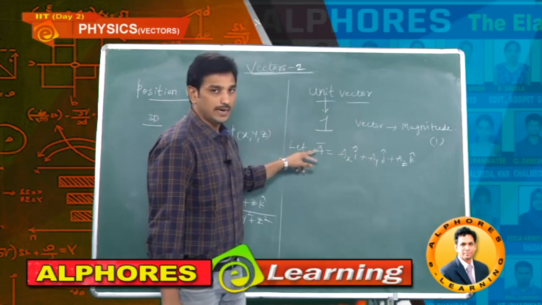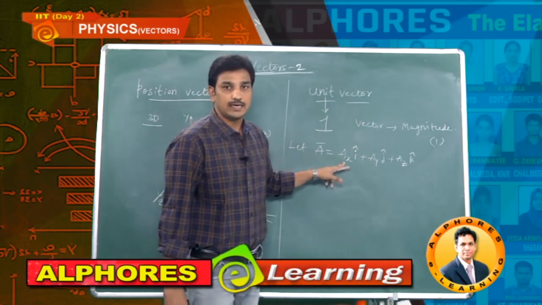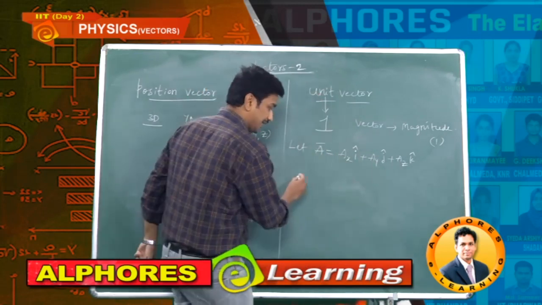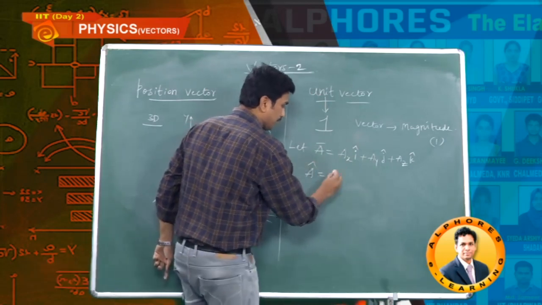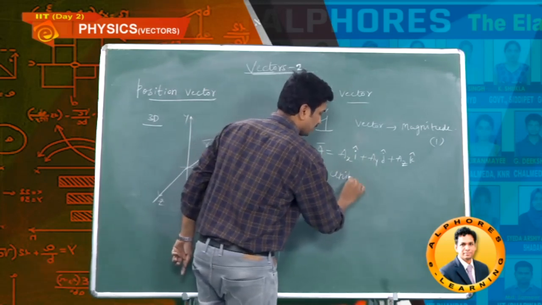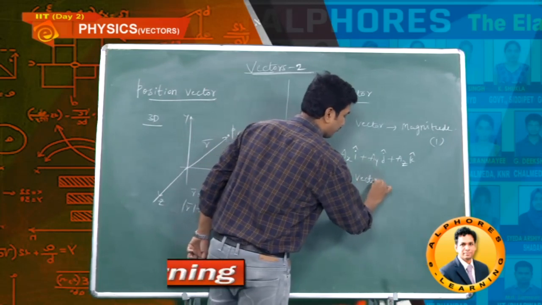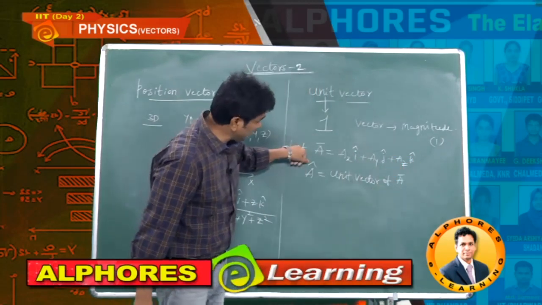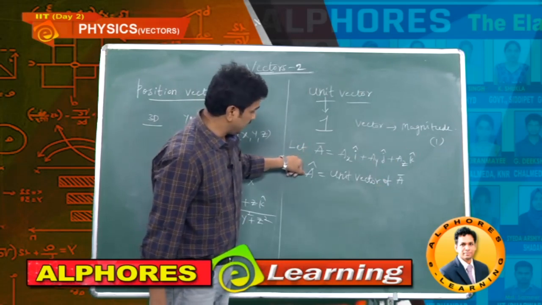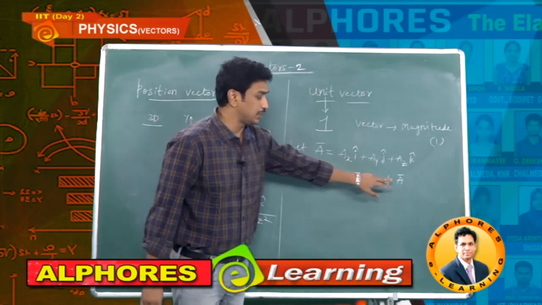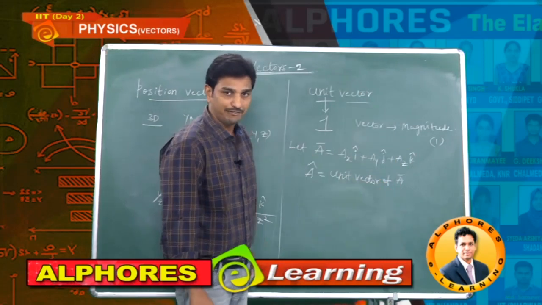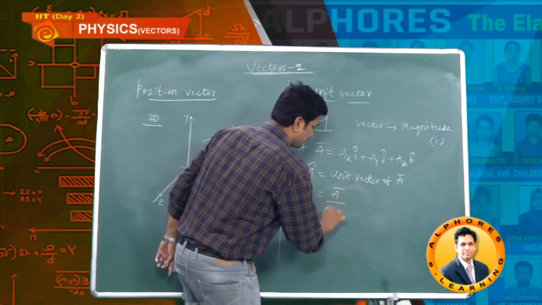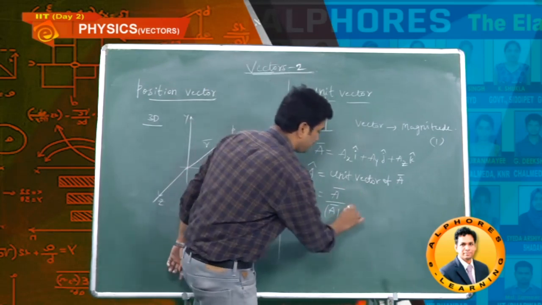See, A bar is a vector, A cap is the unit vector of A bar. Once again, A cap is the unit vector of A bar. This symbol is cap. How we define this A cap? A bar by mod A bar.